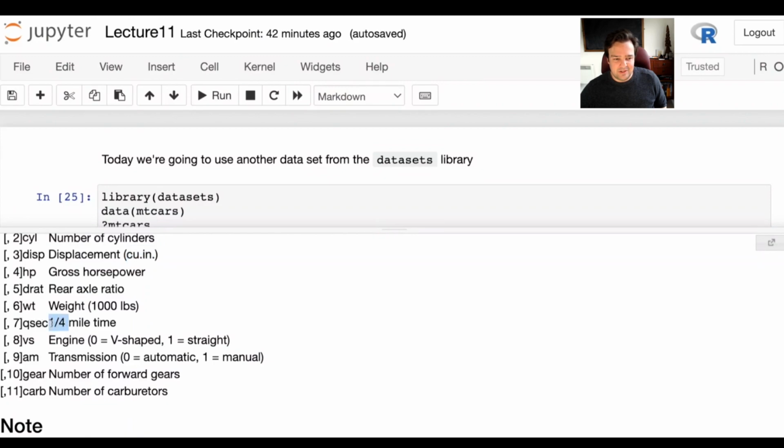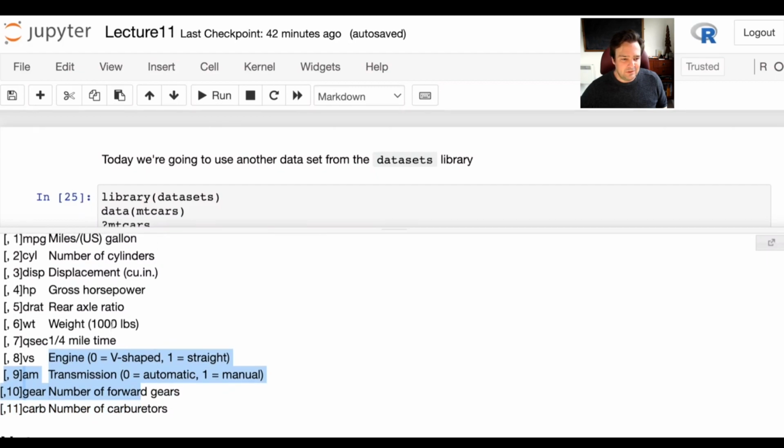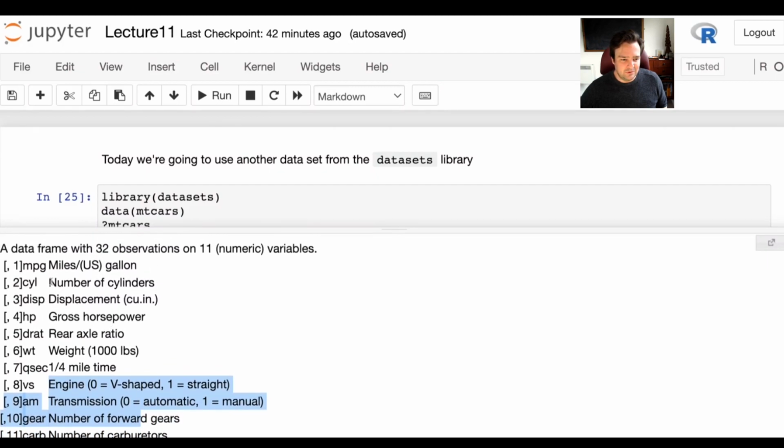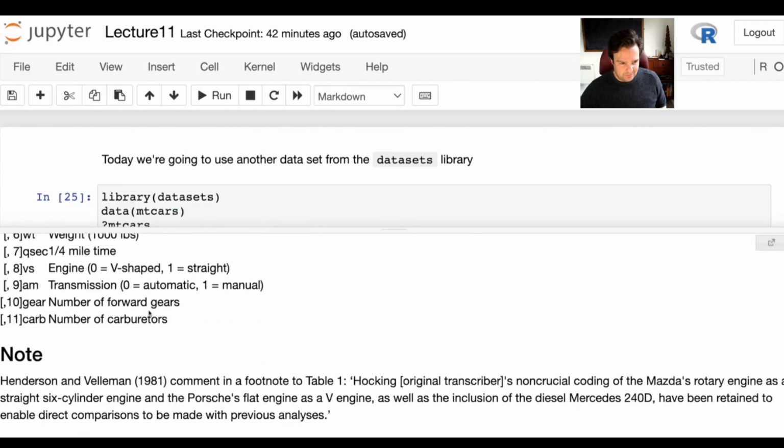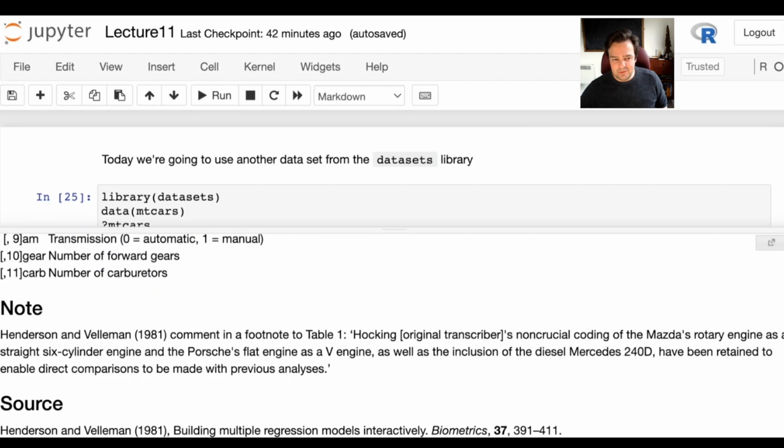Qsec is the time it takes the car to drive a quarter-mile race, which is a standard drag race in the United States. And then there's other information here that's really categorical, and so we're going to get rid of that. We probably should get rid of number of cylinders as well, but I'm going to leave it in there just for the heck of it. You can read more about the data there.